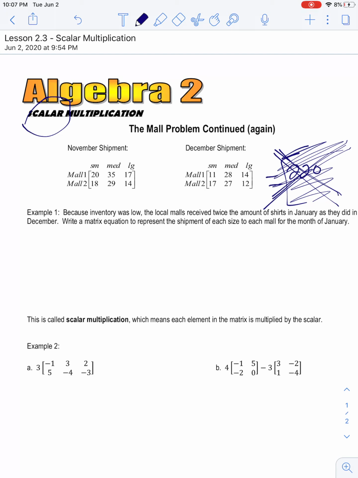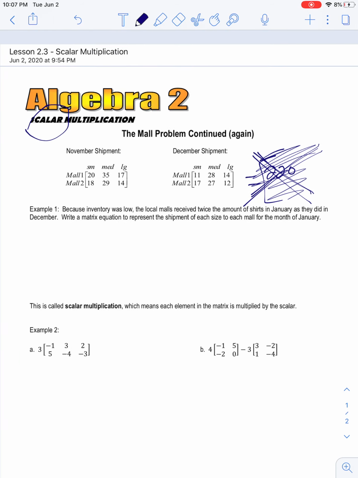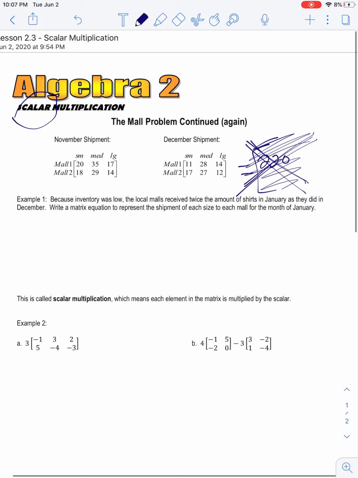So this mall problem is continued with November and December shipments at malls 1 and 2 of t-shirts, so we can see how many small, medium, and large each mall had in each month. Example 1 says, because inventory was low, the local malls received twice the amount of shirts in January as they did in December.